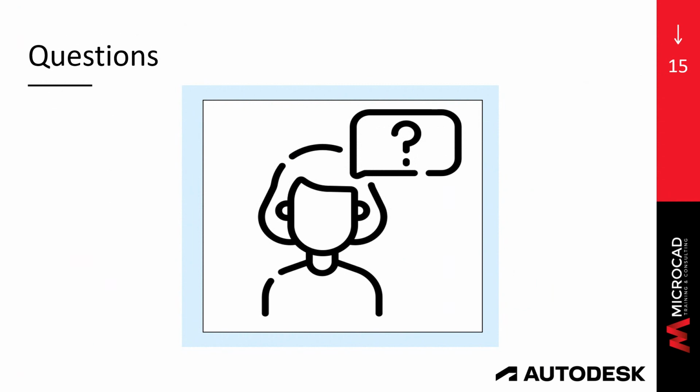But the generic annotation, because it is an annotation, is going to behave the same as text. When you change the scale, it's going to change. If you want that 2D symbol to be true to scale, then instead of starting from a generic annotation, you want to start from a detail item template, and that is scaled. That way you create a scaled 2D representation, like a block in AutoCAD.